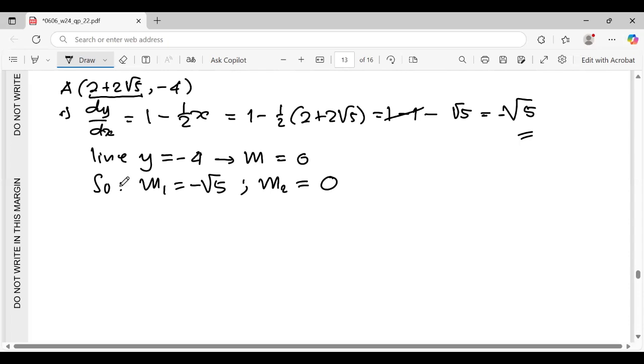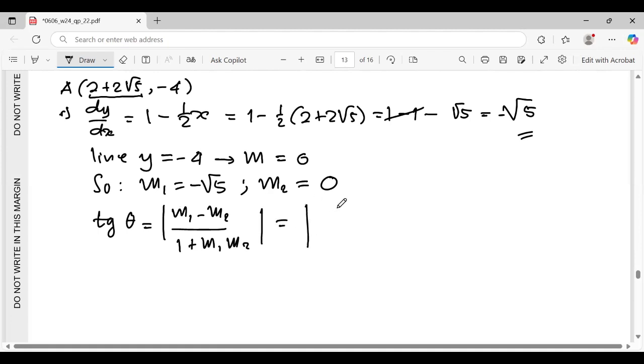To find the angle between two lines with gradients m1 and m2, we use this formula: tan theta equals the modulus of m1 minus m2 over 1 plus m1 times m2. Here the modulus of minus square root 5 minus 0, over 1 plus minus square root 5 times 0.